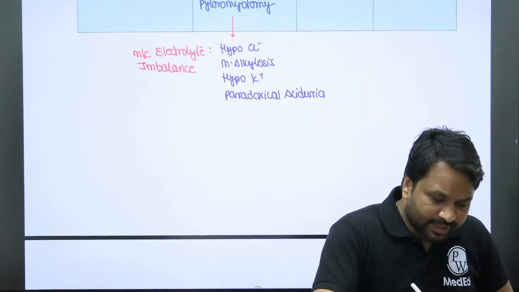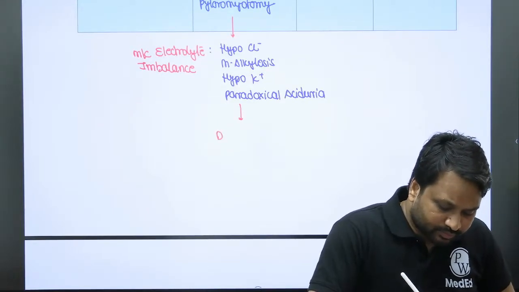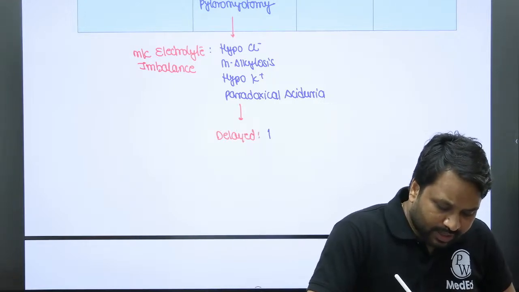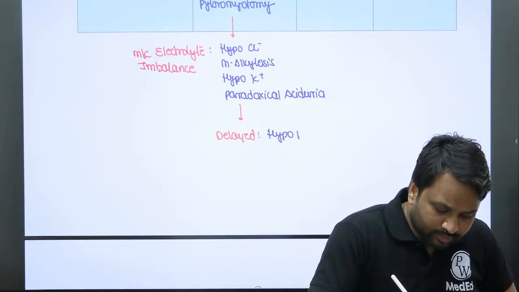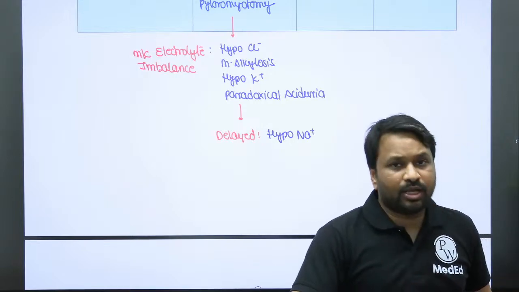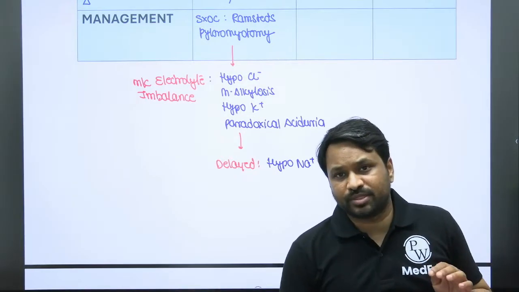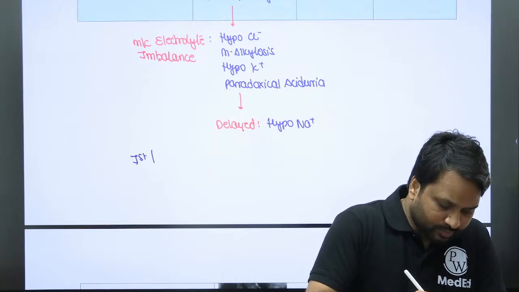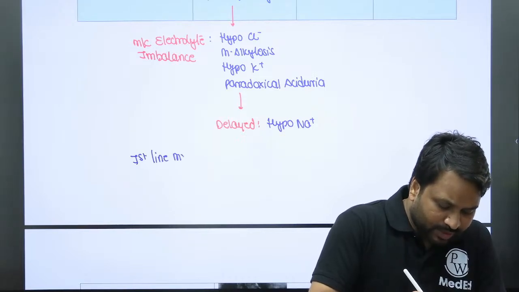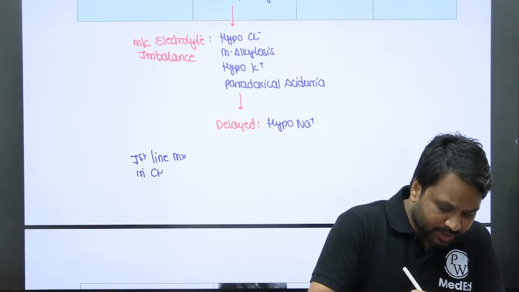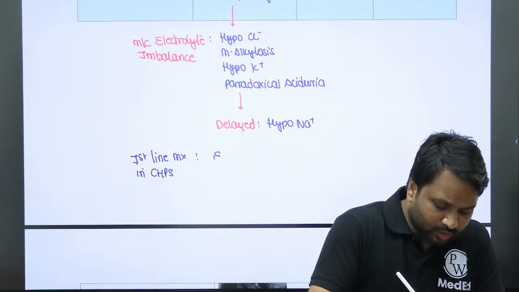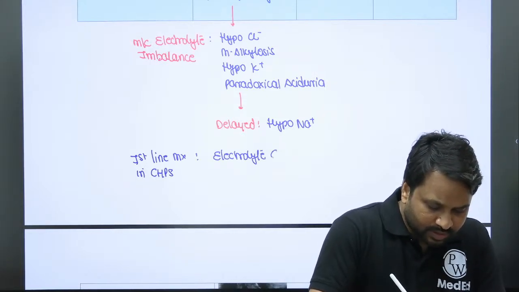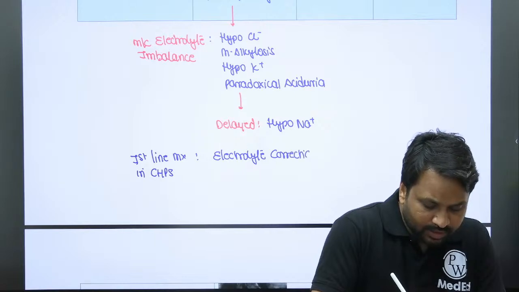If there is a delayed presentation, the compensation of sodium will go. So they'll also have hyponatremia. Right? Remember, whenever you're talking about the management of CHPS, the first line of management in CHPS is electrolyte correction.